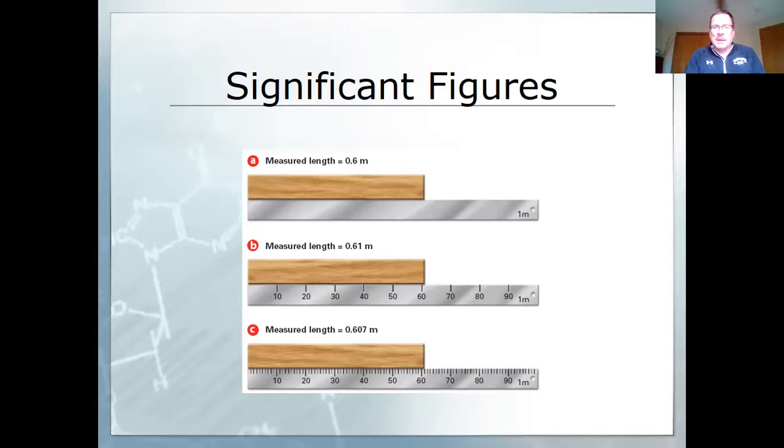What's the one guess? Well, this is 0.6. How do I know it's 0.6? I can look at this 1 meter ruler and estimate that's a little over half. I can call it 0.6. That's as accurate as I can get. One significant digit.